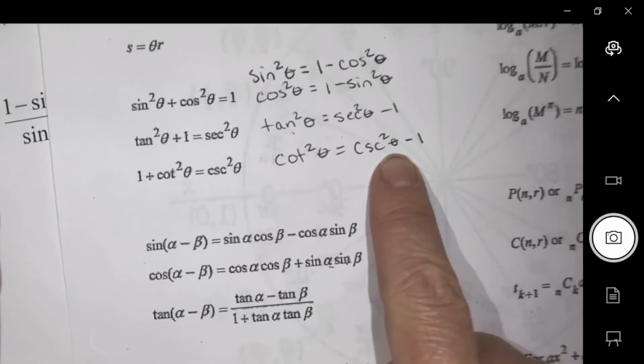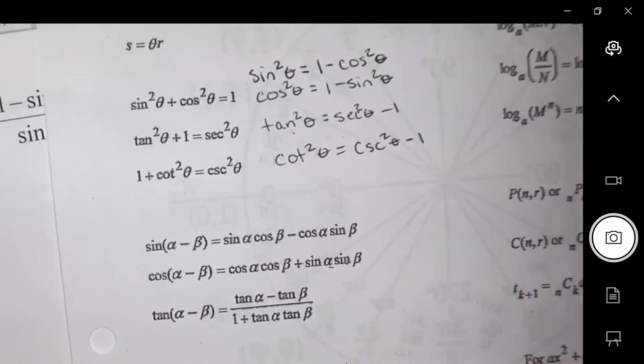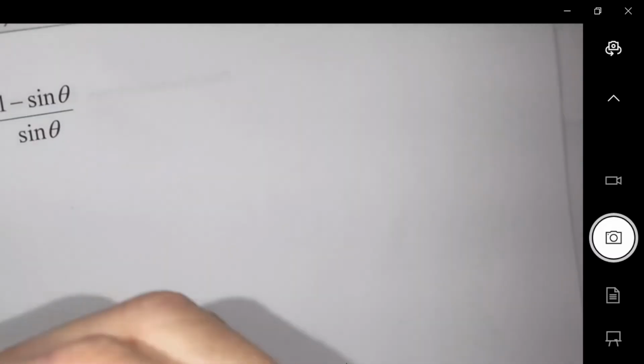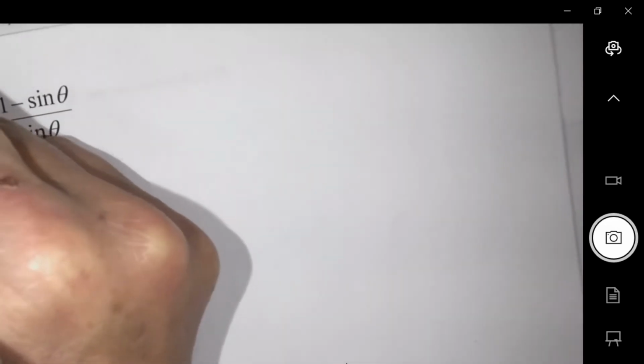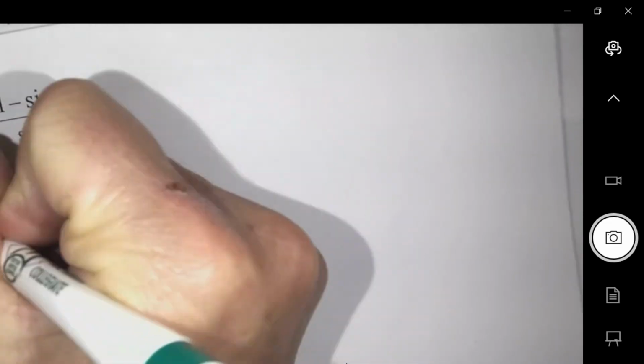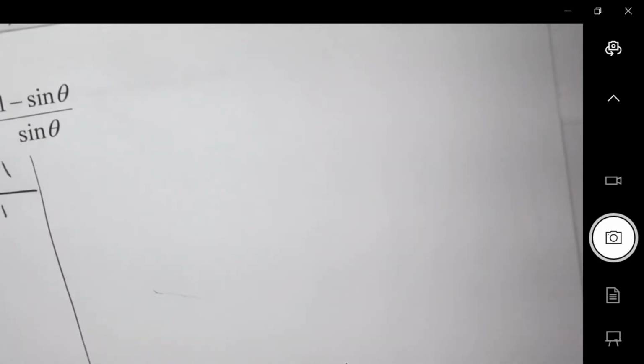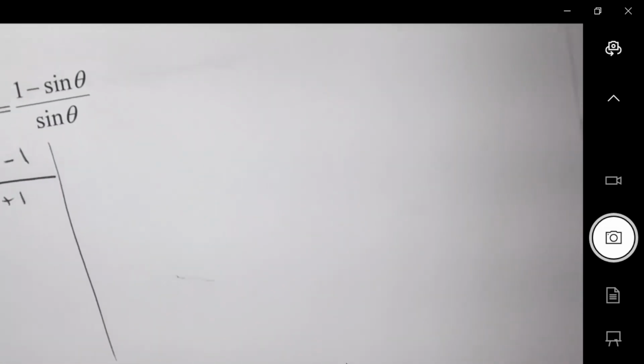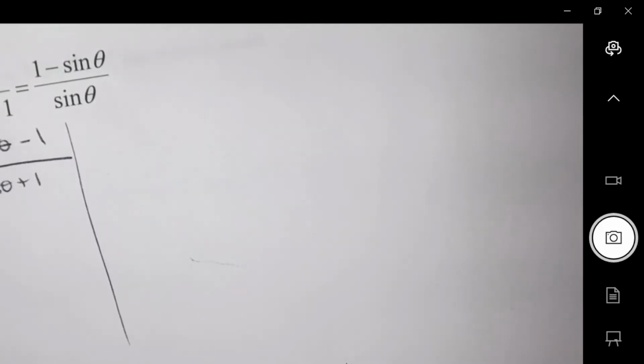Can you see my thoughts 3 steps ahead? Okay, so I'm going to replace. So let's make a substitution. I might actually try this in 2 different ways and see if we can do it in 2 different ways.